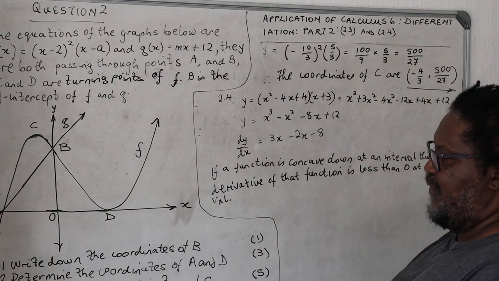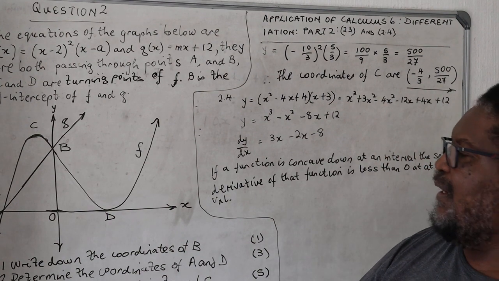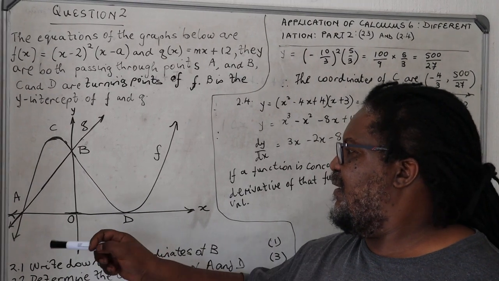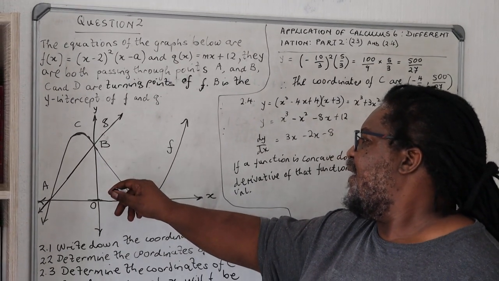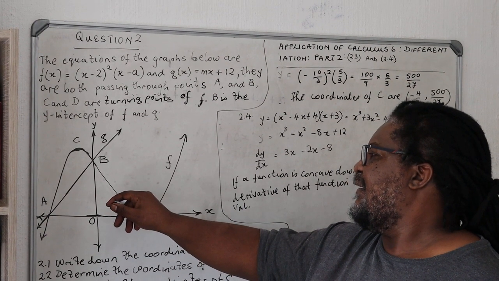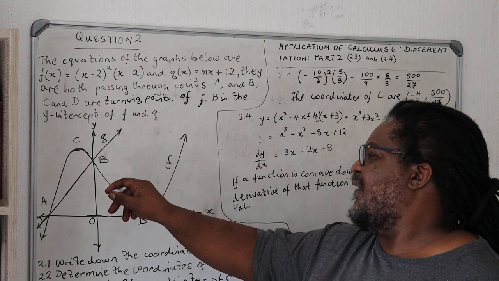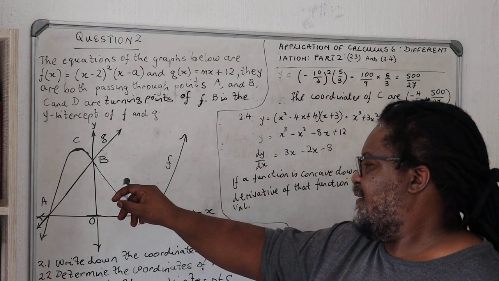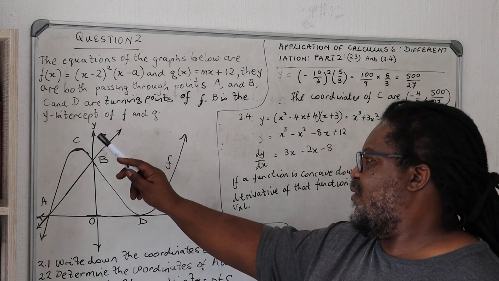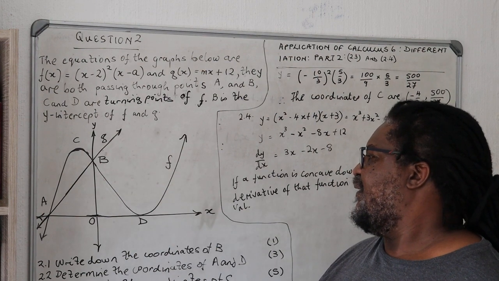So in essence, when you look at a graph, the function is concave at all areas where the line of the gradient on the curve lies on top of the curve.